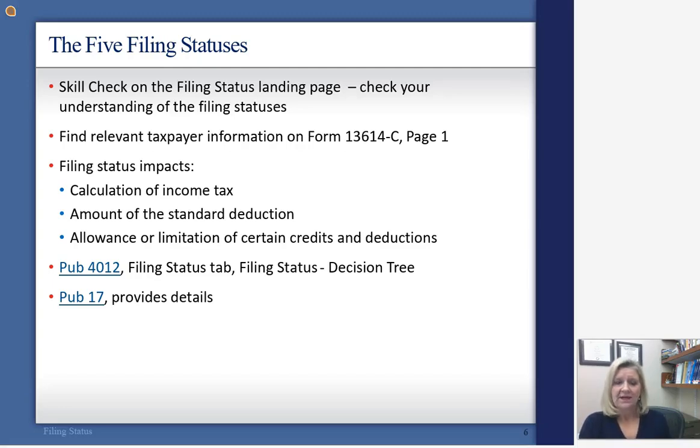So it is important to make sure we get the correct filing status to get the correct deduction for the client. Also, it's important to know that certain filing statuses will limit credits or deductions that the client can take. So if you have a client, for example, who really does want to do married filing separately, it's just important to walk through with them what they're going to lose by doing that. And that is potentially going to be some credit.